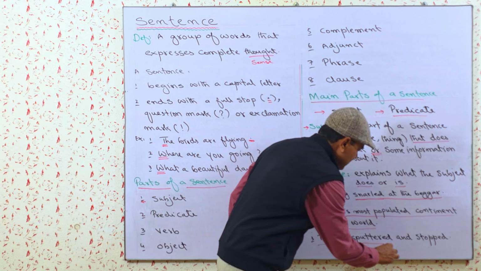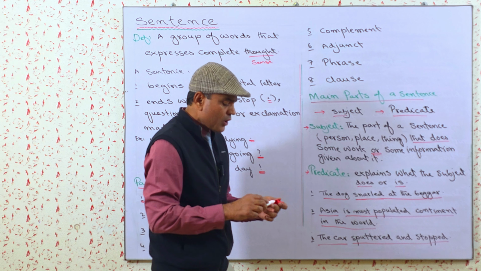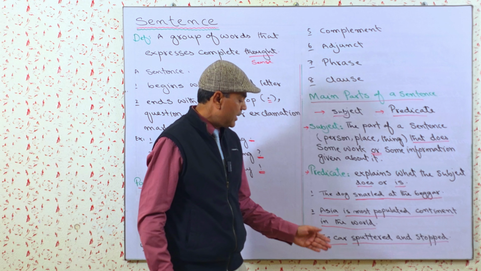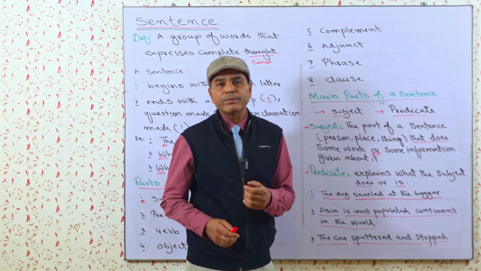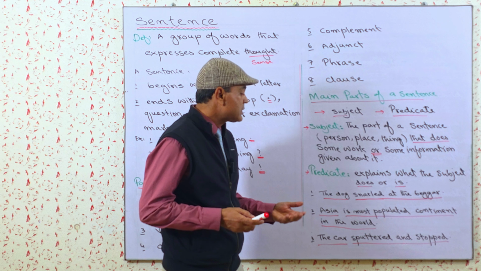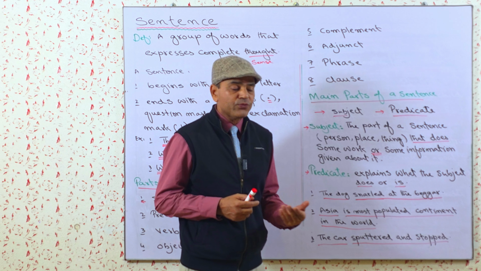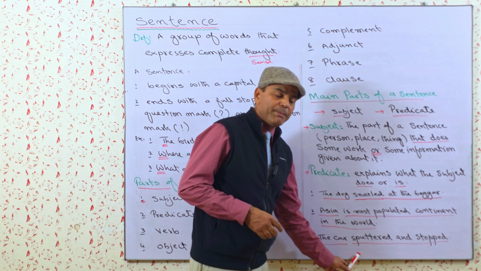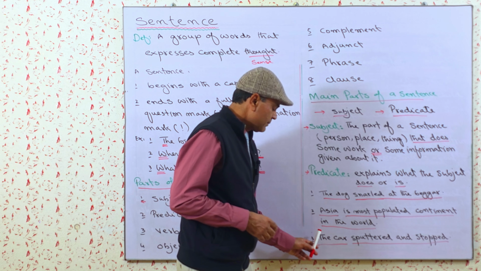Here sputtered and stopped is the predicate. In this predicate we have two verbs. Yes, two verbs may also function as a single predicate in the sentence.